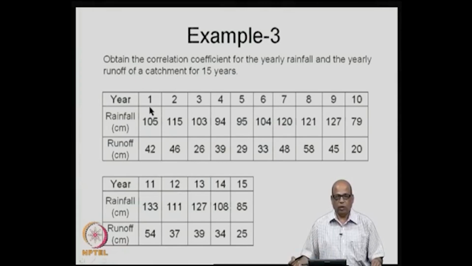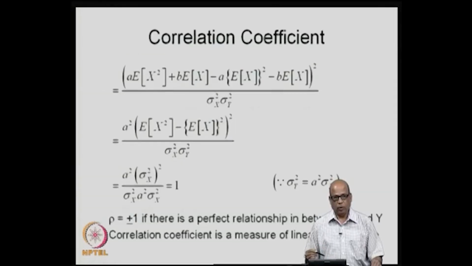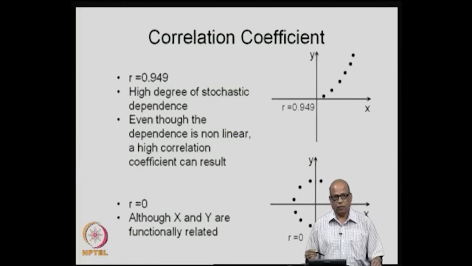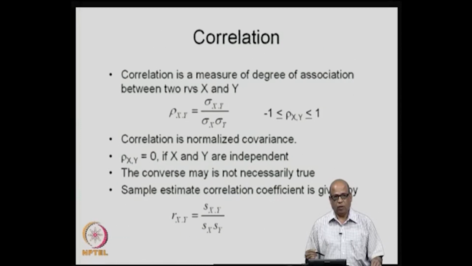So, we use the correlation coefficient as a measure of linear dependence and examine how much linear dependence exists between runoff and rainfall. So, we simply use this expression that we have for the sample estimates of rho x y. This is S x y by S x S y, and how do we estimate S x y?